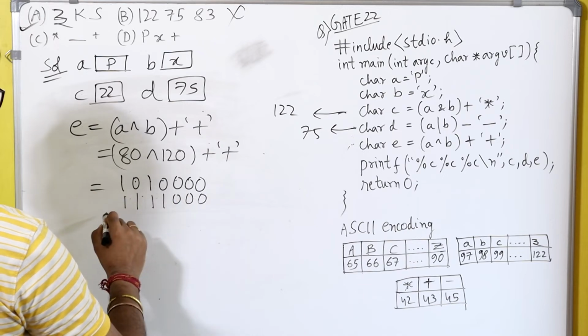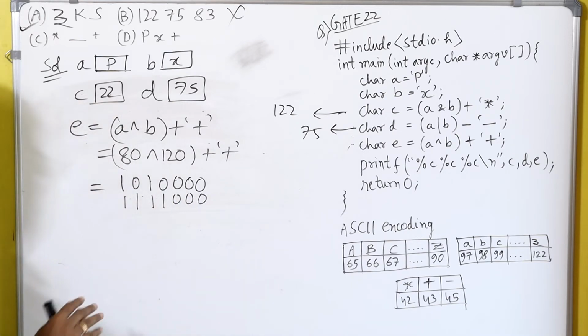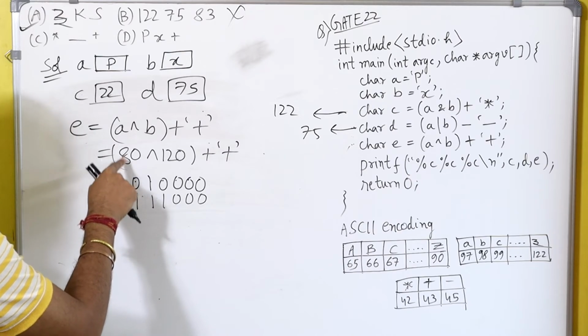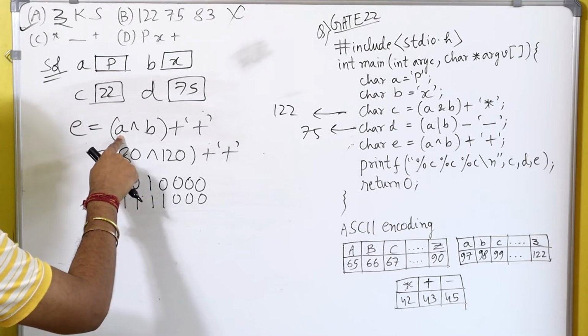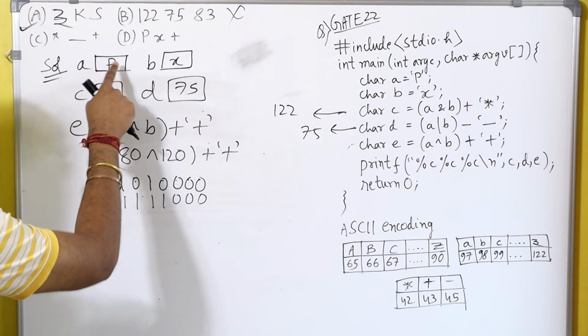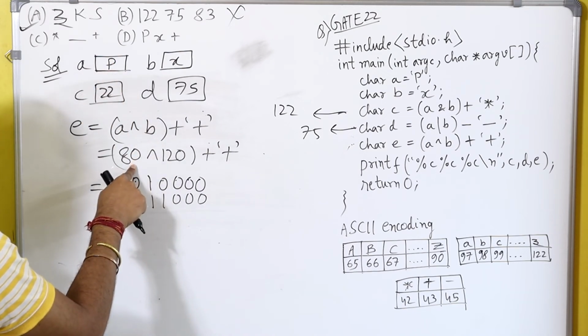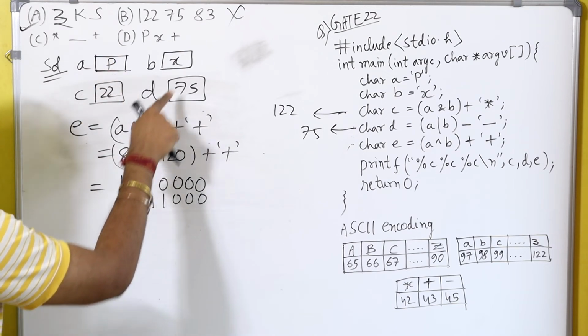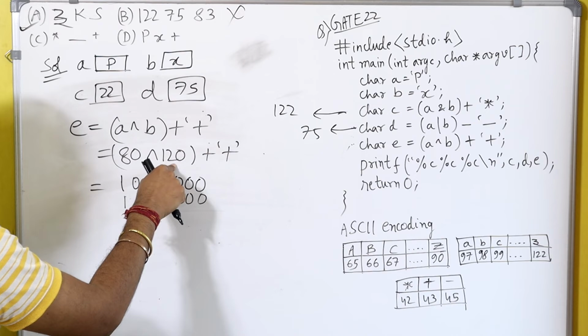Fine. Okay. So what I have done now, I have written the value for A. So A holds the character P. P has the ASCII value 80. Fine. Now B holds the character X. X has the ASCII value 120.